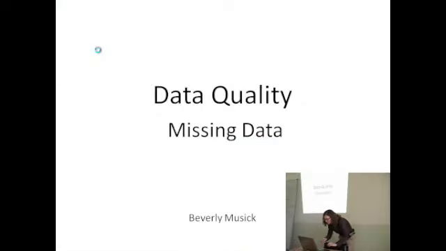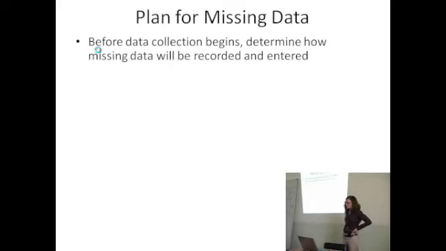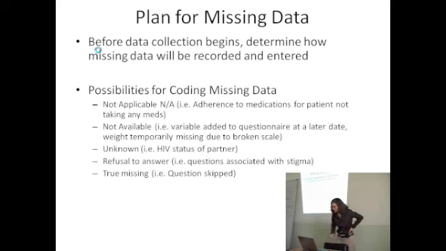So before data collection begins, you want to determine how missing data will be recorded, how it will be entered, how it will be represented in the data management system. Some of the possibilities for coding missing data are to have special missing data values.